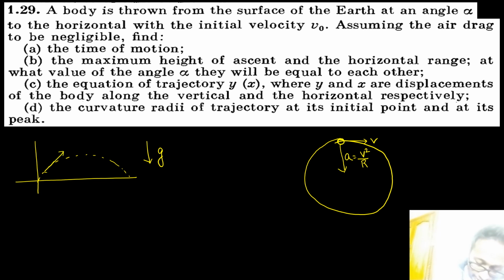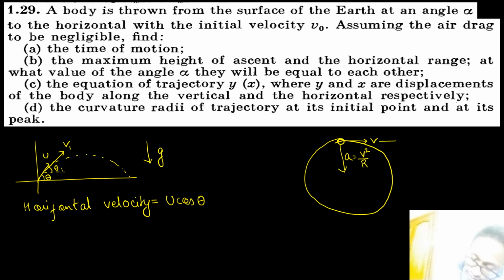See out here, if I take theta angle or whatever the velocity out here v, the horizontal component of velocity would always be equal to initial velocity u cos theta, the initial projection. So horizontal velocity is always u cos theta. So I'm comparing this horizontal velocity with u cos theta.